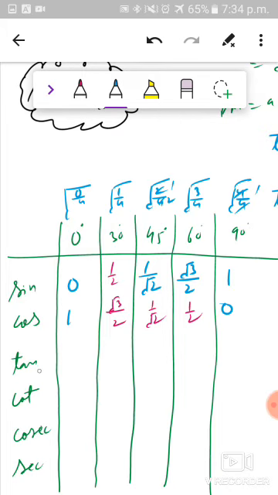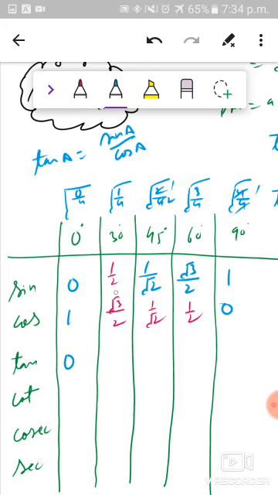Now to find tan, we have discussed that tan is what? For any angle, tan is sin A by cos A. So if we divide 0 by 1, we will find the tan. So 0 by 1 is 0.